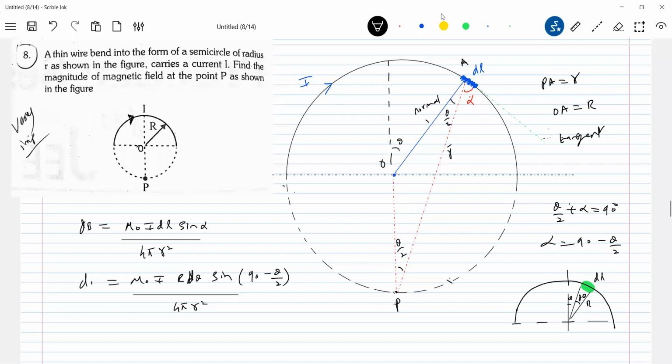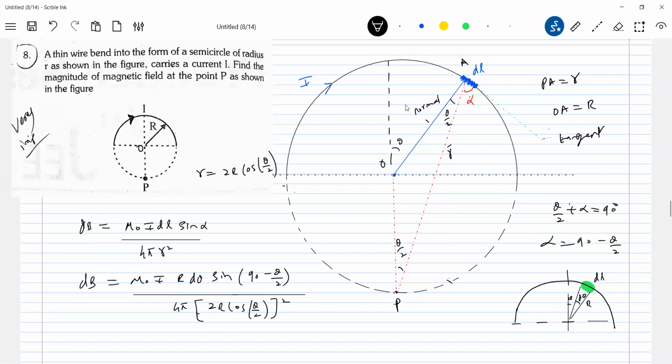What to replace with R? Smaller r is 2R cos theta by 2, whole square. So here I'll write 2R cos theta by 2. Substitute this. Now solve this.